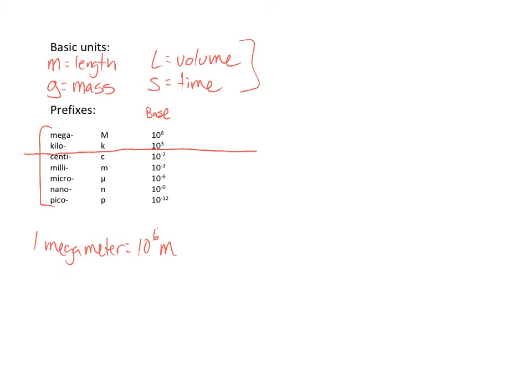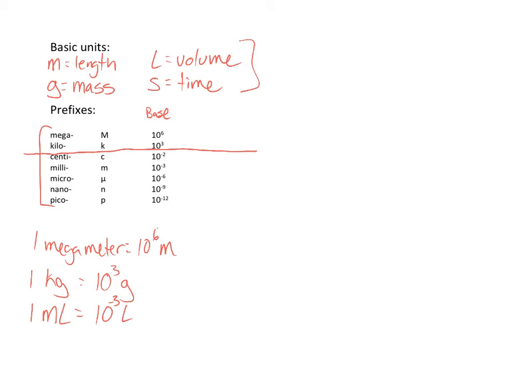For every 1 kilogram, there is 10 to the 3rd grams. For every 1 milliliter, there is 10 to the negative 3 liters. Okay, so this is one way to approach this.